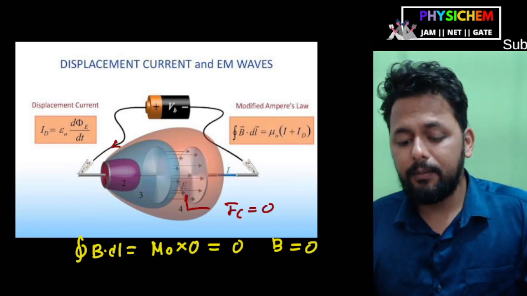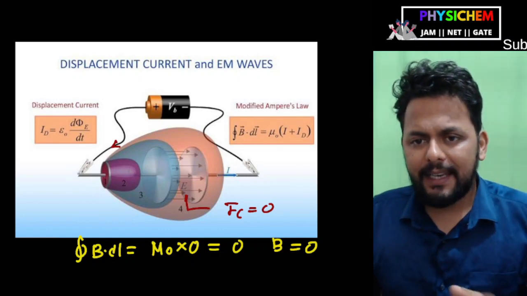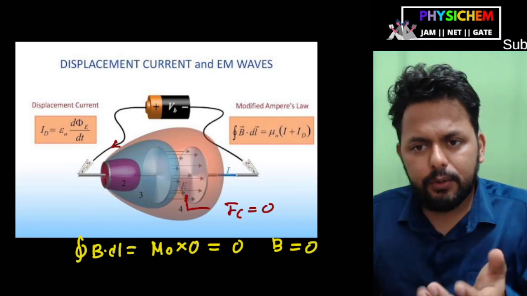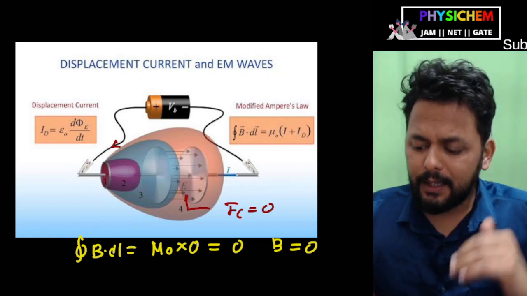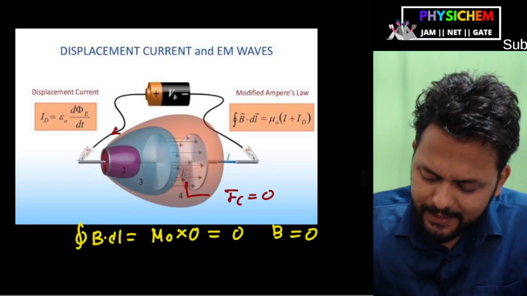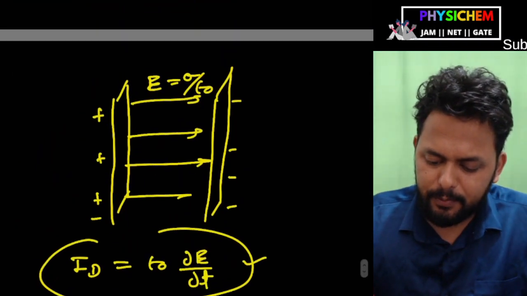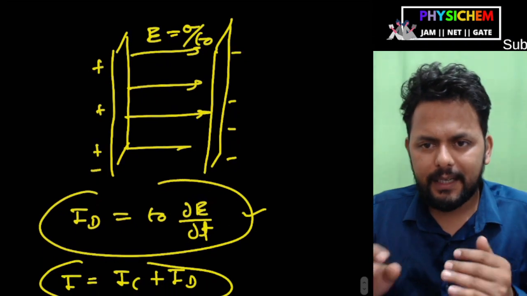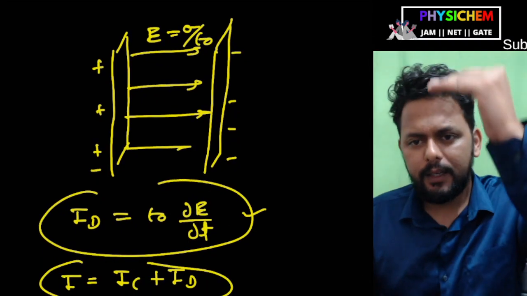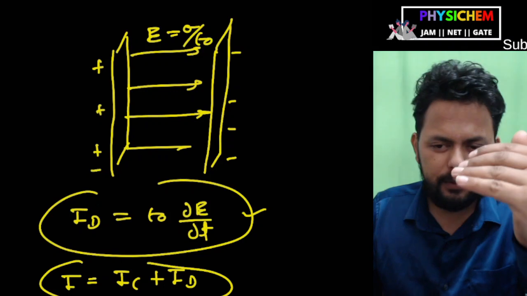But when Maxwell did that experiment, he found that the magnetic needle shows some deflection in this region also. So that means there is a current. He concluded that since these are capacitor plates connected through an external circuit, the charge on the capacitor plates is growing.